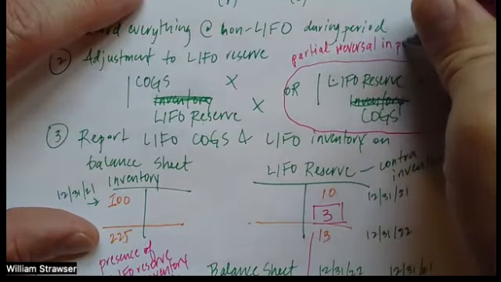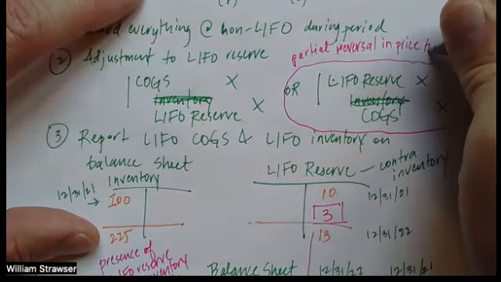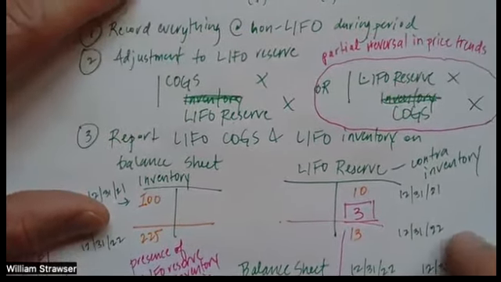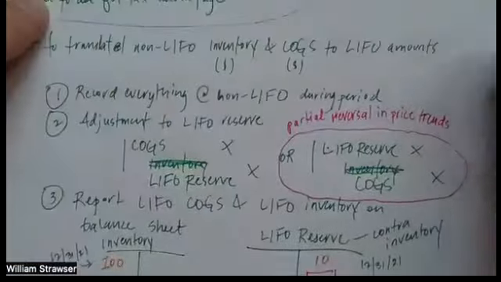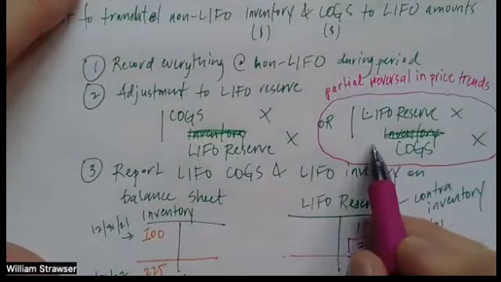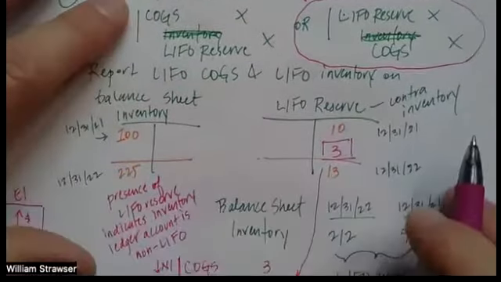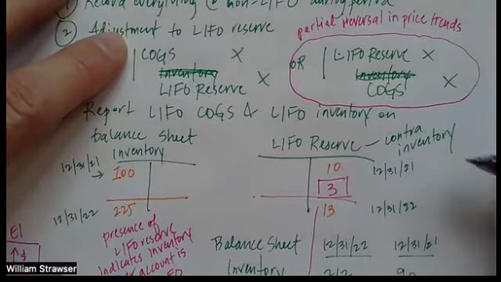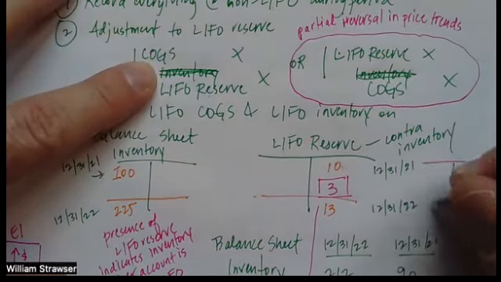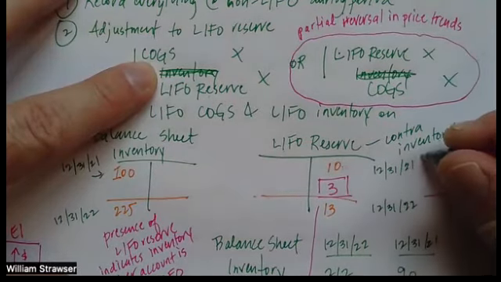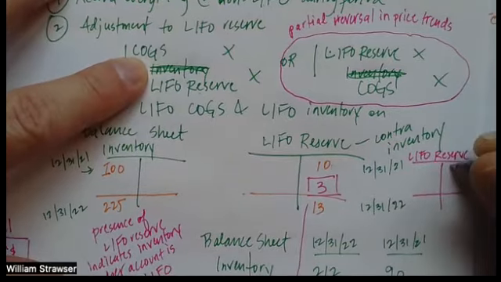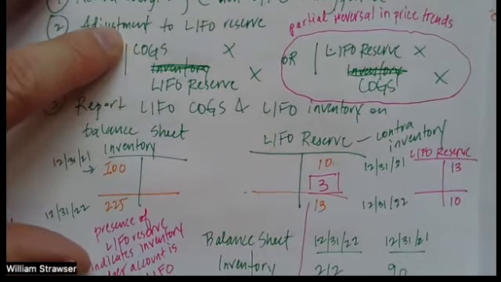In price trends, that would look something more like this. If I have a partial reversal in price trends, then maybe it's not that it went from 10 to 13, but instead, same account, LIFO reserve, it started at 13 and then was reduced to 10.